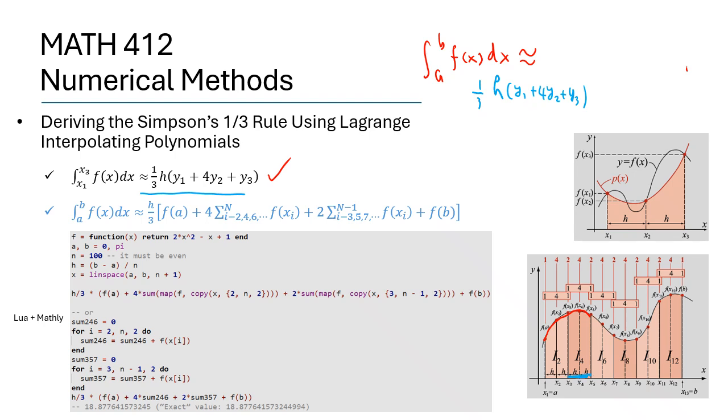Now the second one is 1/3 h times, remember, y1 this time is y3, and this x4 is x2, so that's (y3 plus 4y4 plus y5).